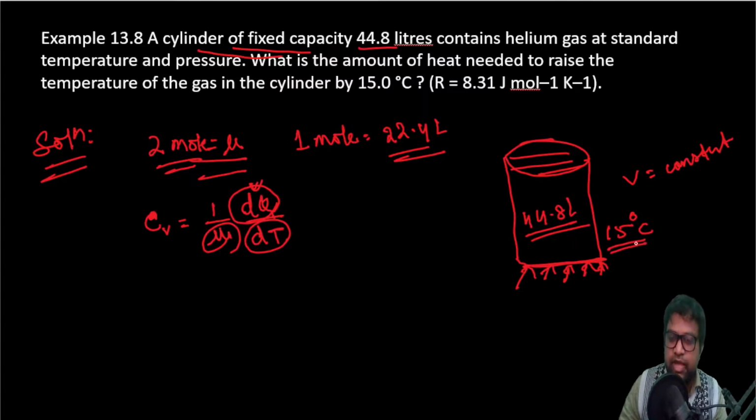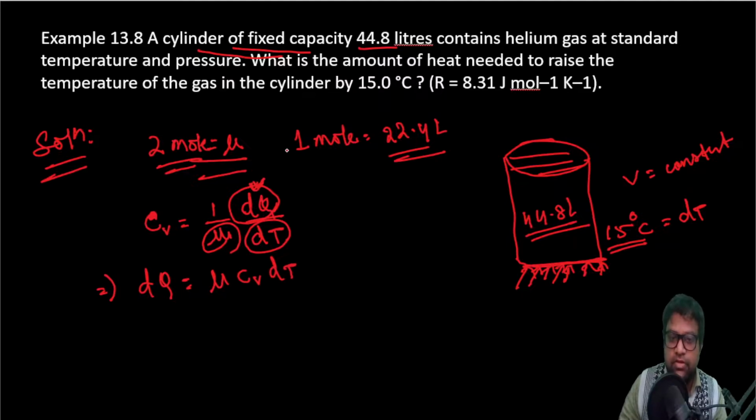Here we have to increase temperature 15 degree, means dT is given, right? So what we have to find out? We have to find out the amount of heat that is required to increase this temperature. That means we have to find out dQ. So we can write dQ equal to mu CV dT.